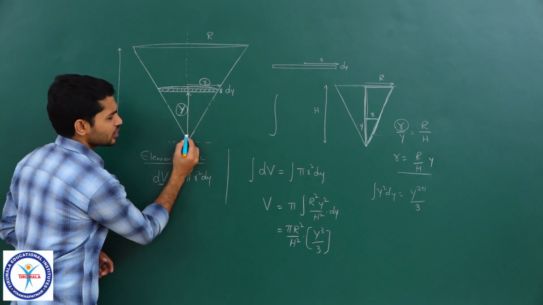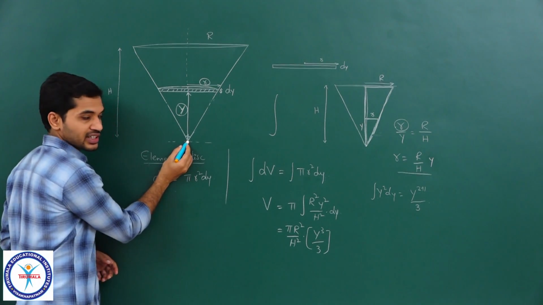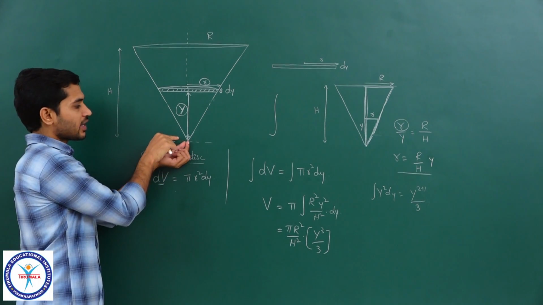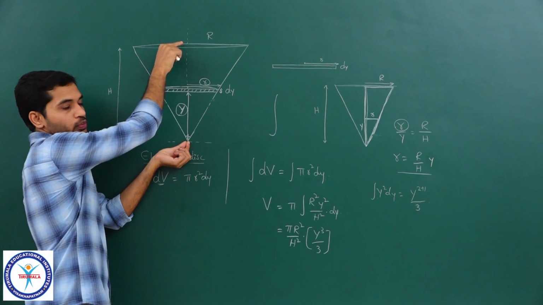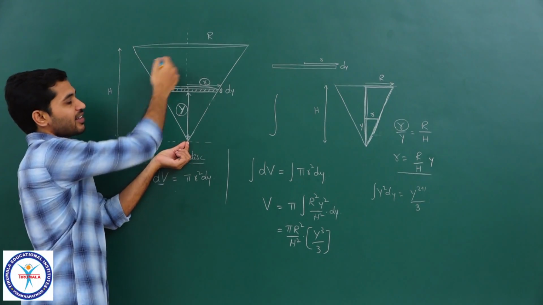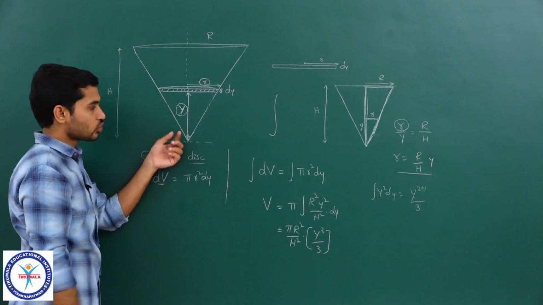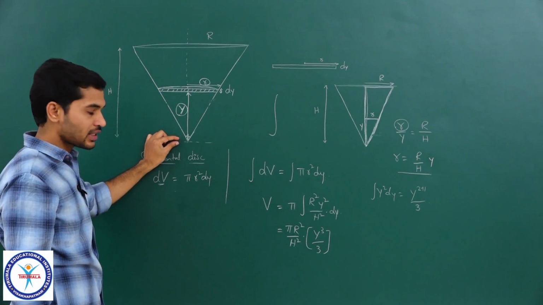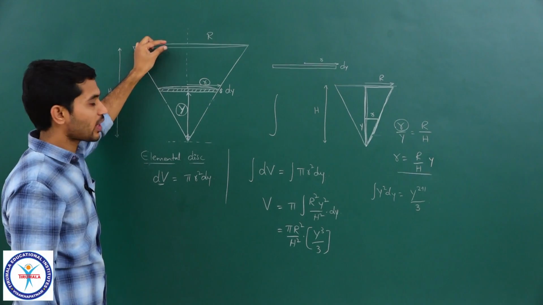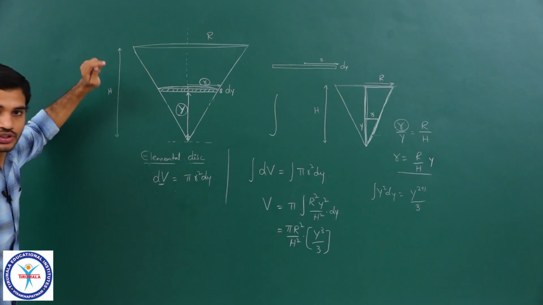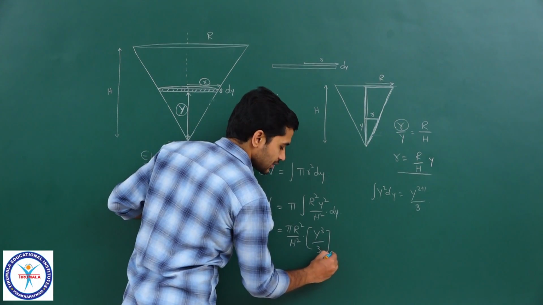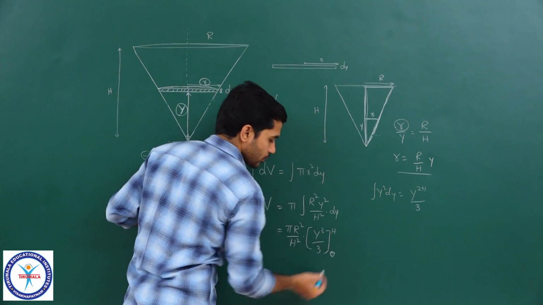To find the volume of this cone, when I take a very small disk close to the vertex, the y value will be 0. In the same manner, if I consider a disk at the topmost point of the cone, the y value will be h. So I have to take many such disks starting from y equal to 0 till y equal to capital H. That is what I will substitute as the limits for y, 0 to h.